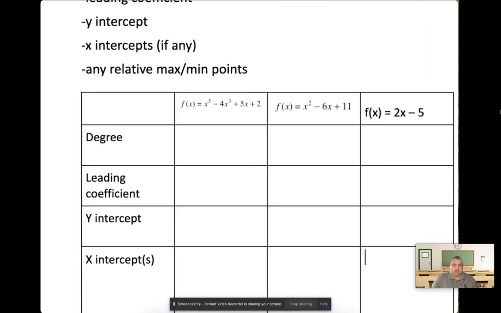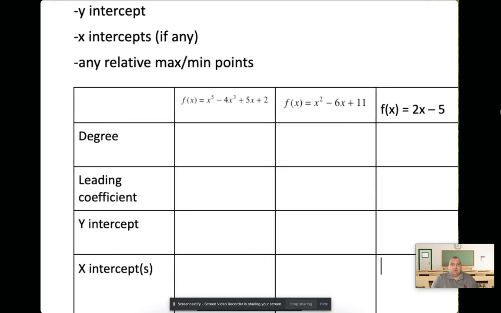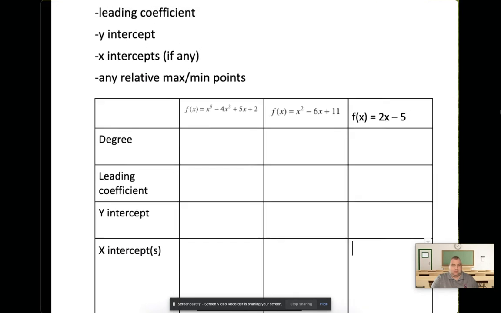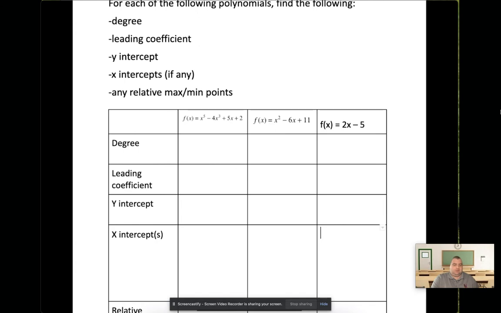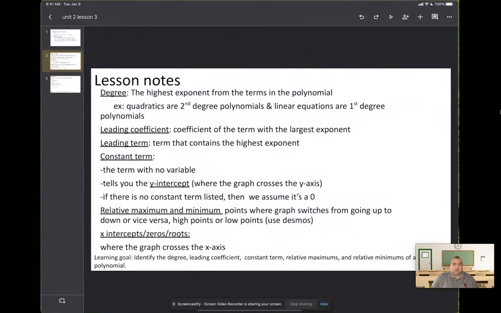So that's going to be x to the 5th minus 4x cubed plus 5x plus 2. So the first couple we can do without graphing. So the degree, remember, is the highest exponent from the terms in the polynomial.